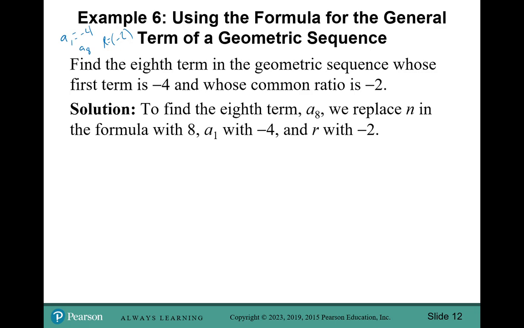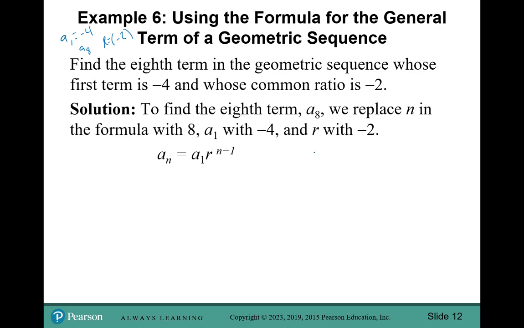So to find the 8th term, a8, we replace n in the formula with 8, a1 with -4, and r with -2. So our general formula, just to remind you, a sub n equals a sub 1 times r raised to the n minus 1.